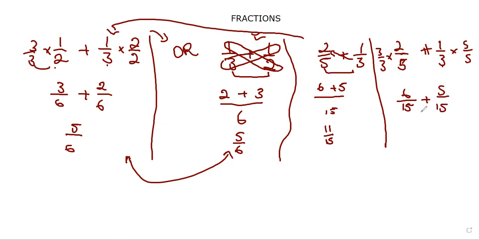Now we have fractions with the same denominators. You take one denominator, which is 15, and 6 plus 5 gives 11. You still get the same answers.